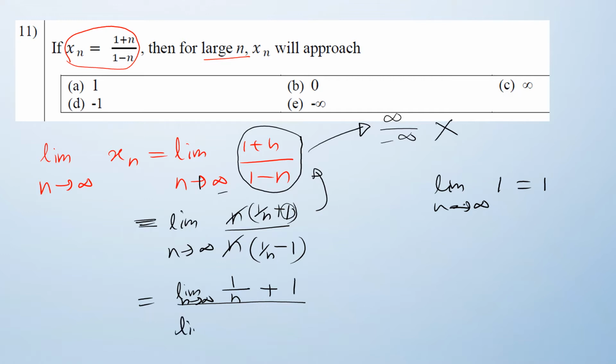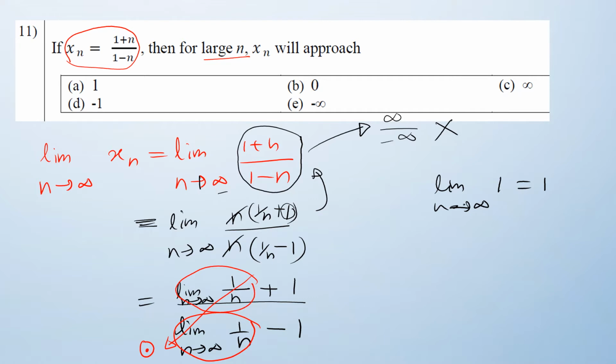For the denominator, same as before, we have the limit as n goes to infinity of 1 over n and minus 1, since we have a constant term there. But when we consider these two terms, both will go to 0.